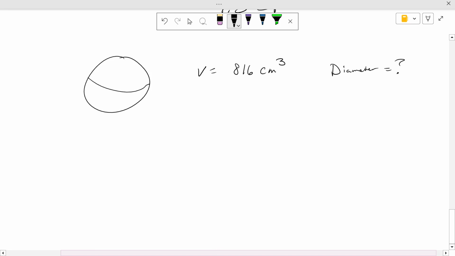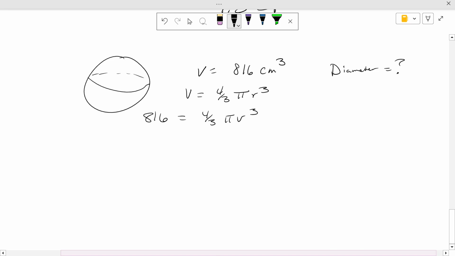Okay, so if the volume is 816 centimeters cubed, what's the diameter? So, again, like the last couple problems, volume equals 4/3 pi r cubed. So 816 equals 4/3 pi r cubed.